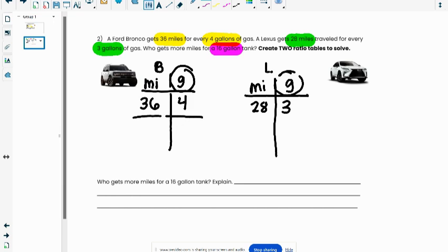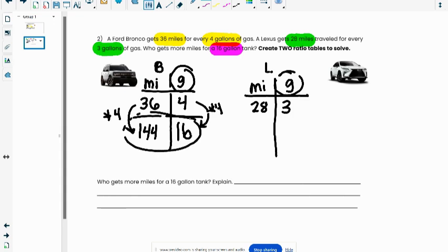We can go straight from 4 to 16, but if you're not sure how, you could count by 4: 8, 12, then 16. So you can always build your table. I'm going to go straight there because I think it's easier. I say 4 times what is 16? Well, 4 times 4 is 16. So I have to do that same multiplying to the other number in my ratio, and it's 36. And you can use a calculator. So we'll take in our calculator 36 times 4, and we'll get 144. So the Bronco would go 144 miles for 16 gallons of gas.